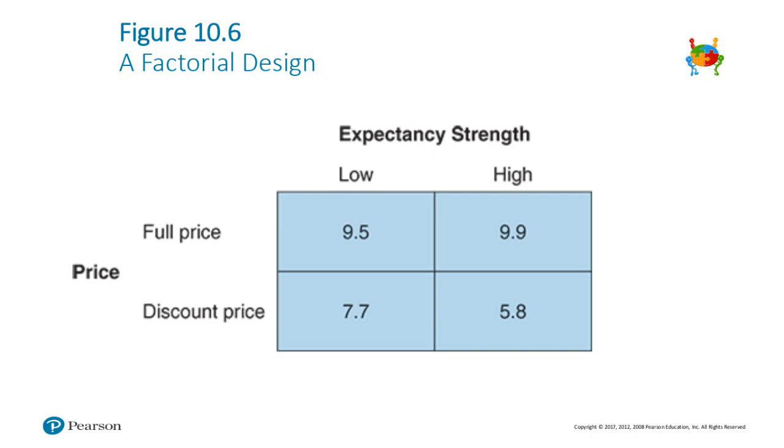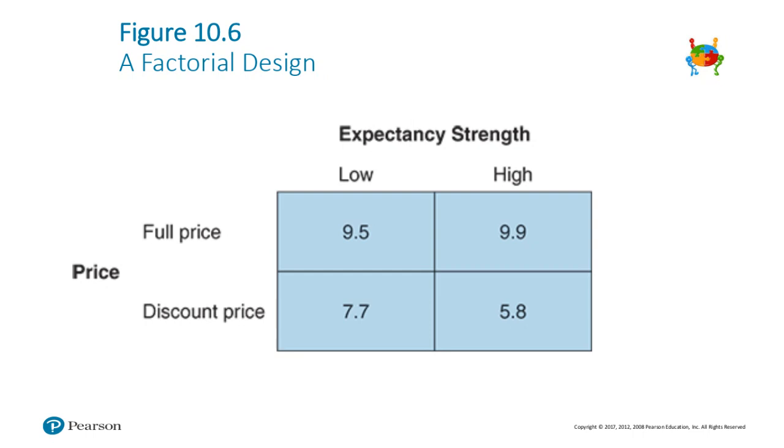But at the full price, even at the low, the difference is 9.5 and 9.9, whereas for the discount price, for the lower expectancy strength there's more anagrams solved compared to when the expectancy strength is high. For the discount price with high expectancy, there's a lower number of puzzles solved.